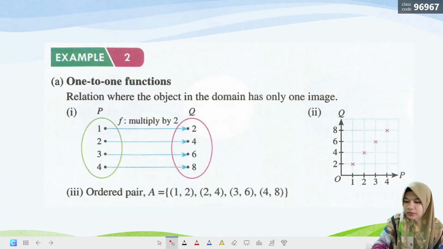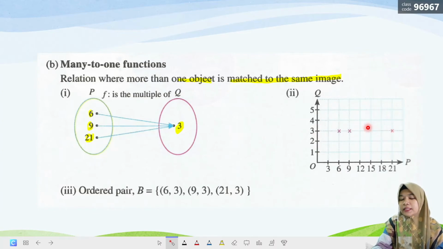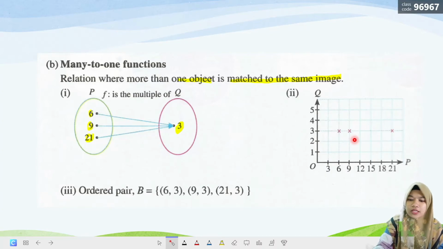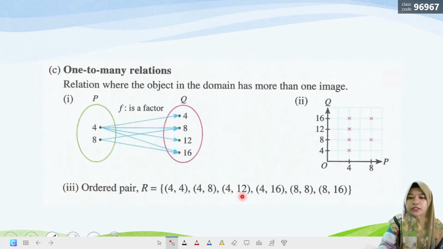Okay, untuk many to one, let's say, this one, awak sambungkan that plot, awak akan dapat a horizontal line, kalau kita represent by using a graph. Okay, this one by using ordered pair. Sama saja.